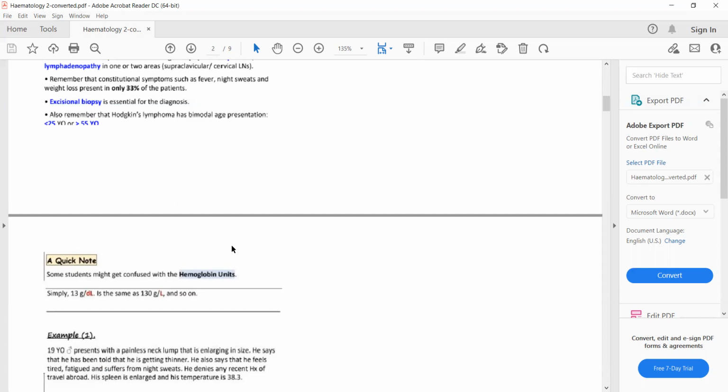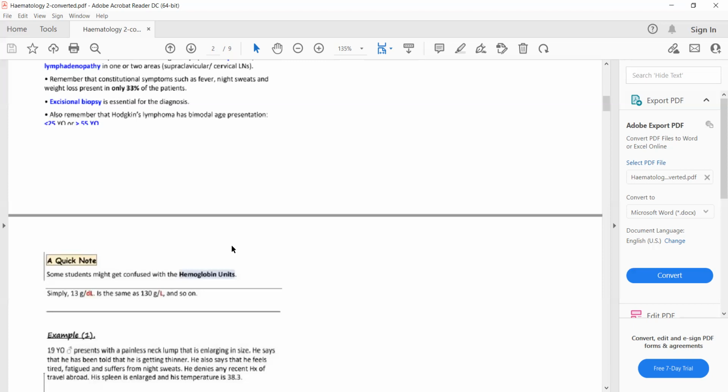He also says that he feels tired, fatigued, and suffers from night sweats. He denies any recent history of travel abroad, so our differential diagnosis of tuberculosis is ruled out. His spleen is enlarged and temperature is 38.3. So this person's presentation is lymphadenopathy with B symptoms: weight loss, night sweats, and fever.